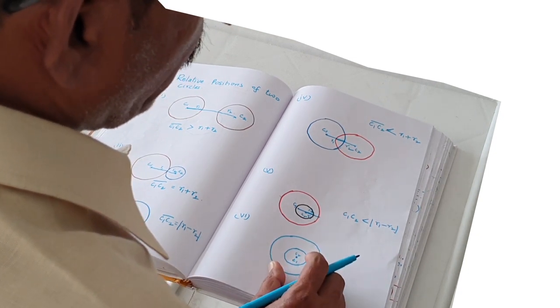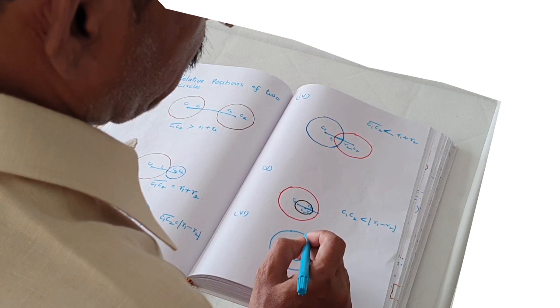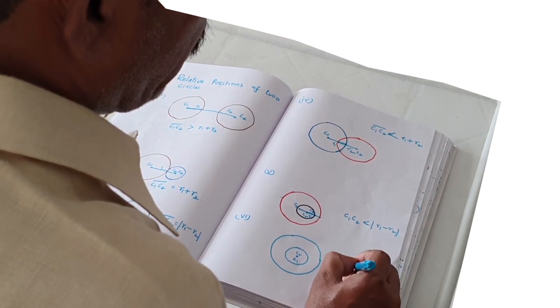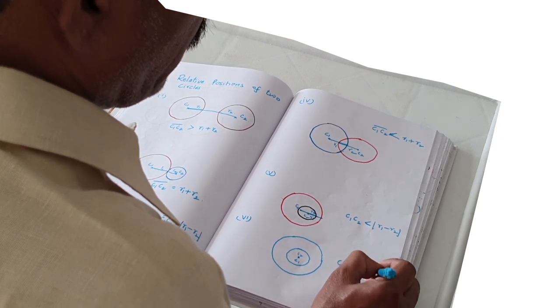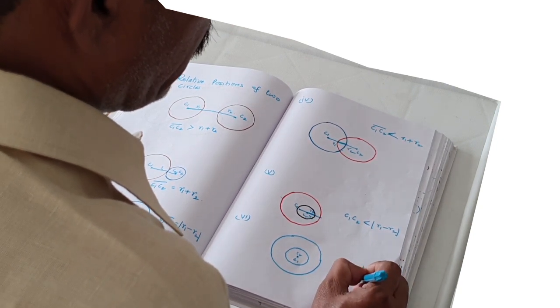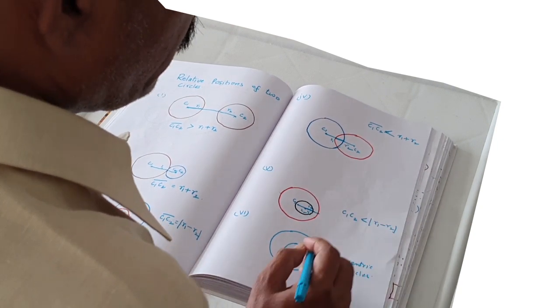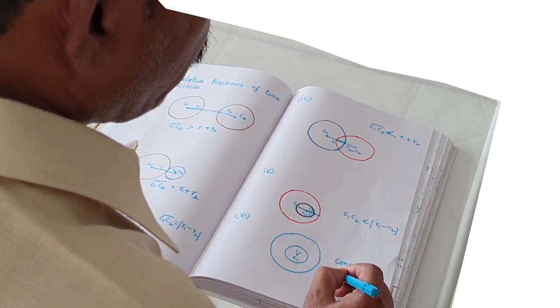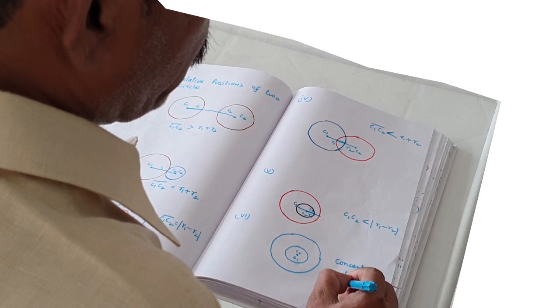Then these are called concentric circles. Right, here C1 C2 is equal to 0 in this case.